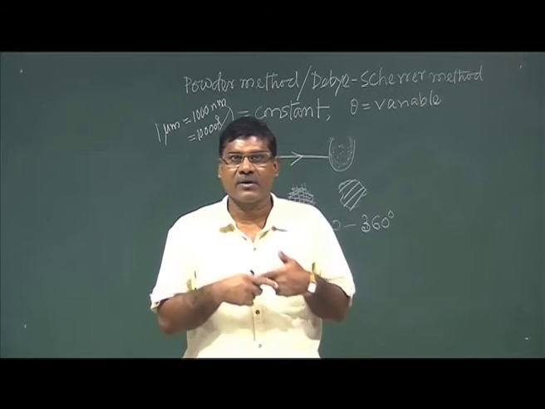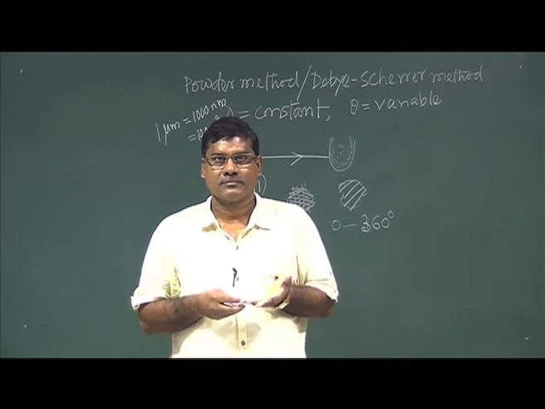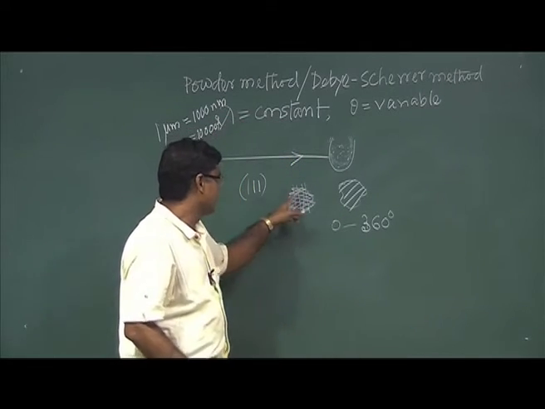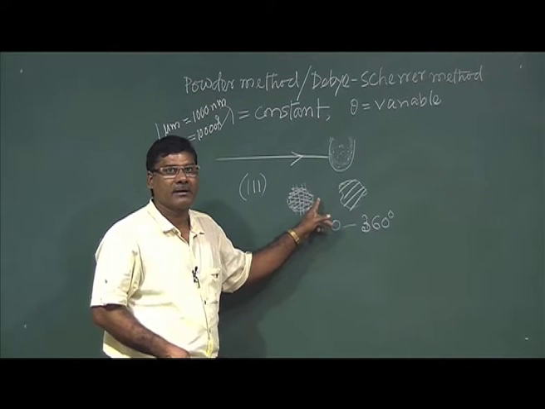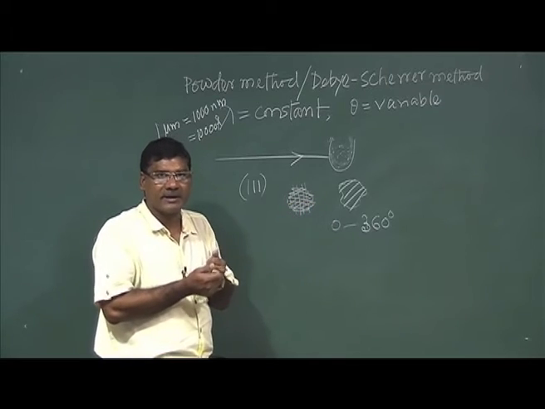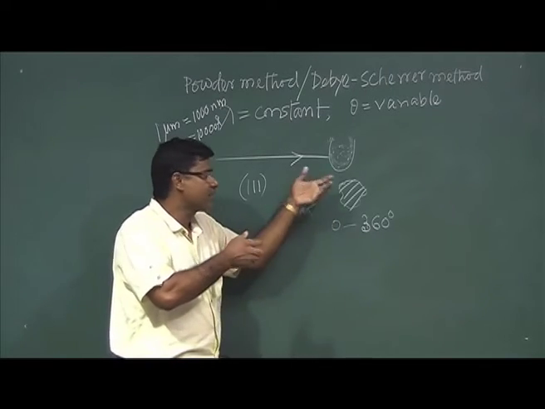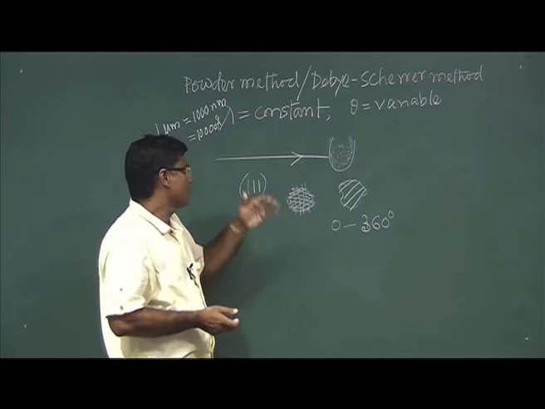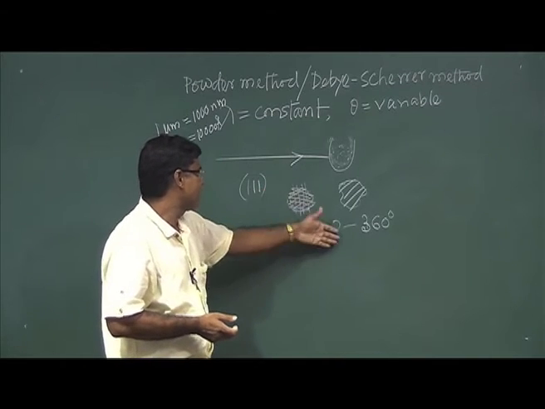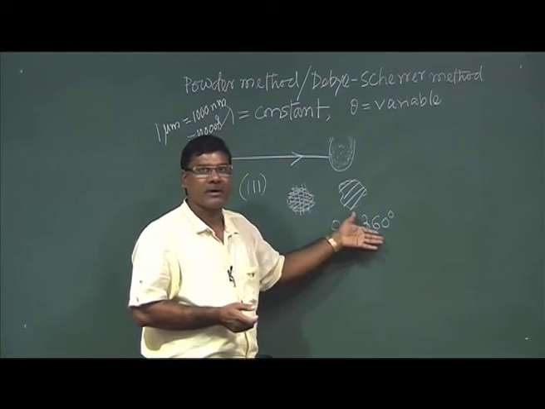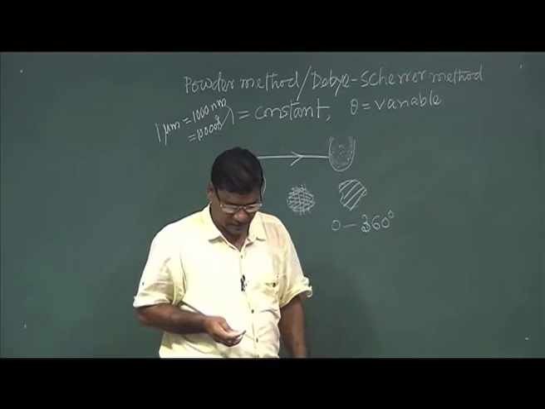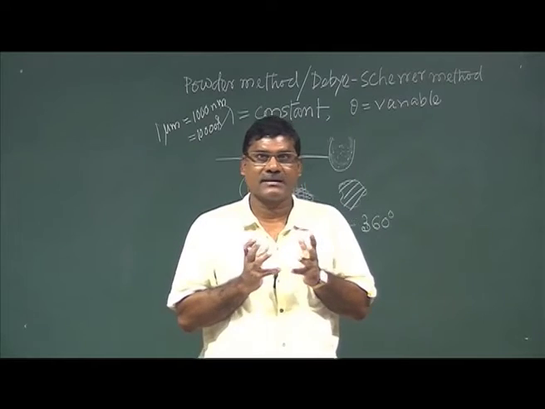Similarly this will happen for any plane, because this 111 plane with respect to that 100 plane, there is no relative orientation. So they are oriented as a whole. So if this angle varies, it will happen for all planes.